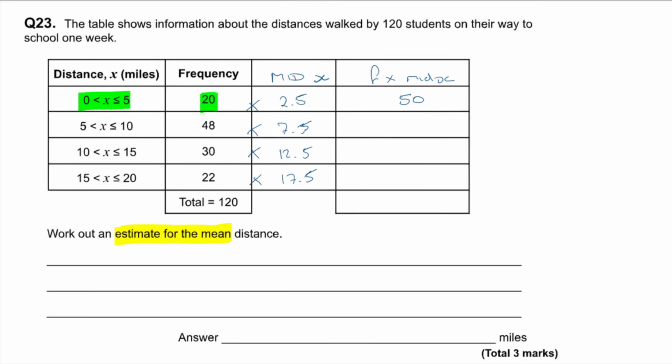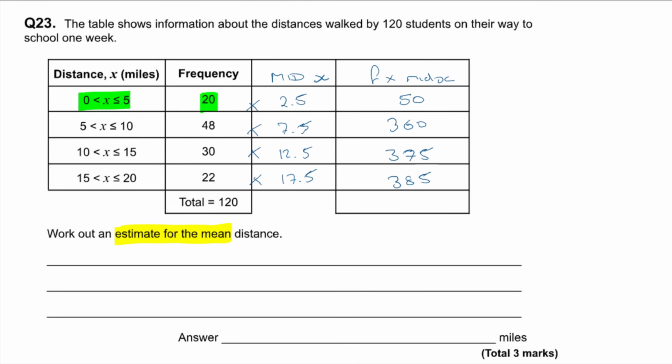So 48 times 7.5, that comes out to be 360. 30 times 12.5, that comes out to be 375. 22 times 17.5, that comes out to be 385.